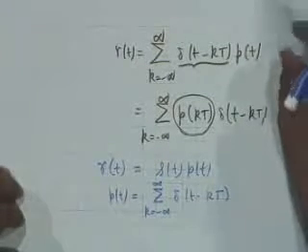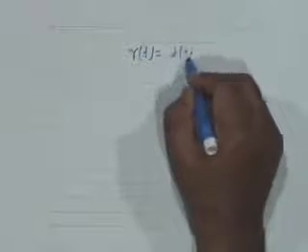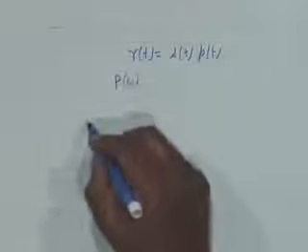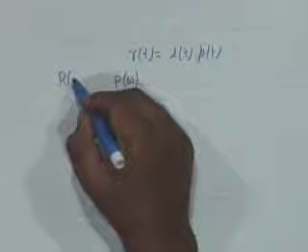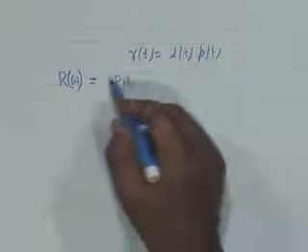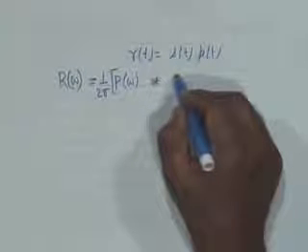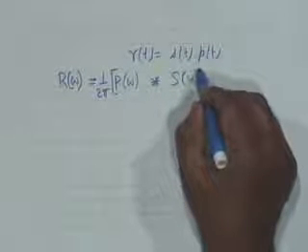And if we can find out capital P of omega, then the spectrum of the resulting signal would be simply 1 over 2 pi P of omega convolved with S of omega.